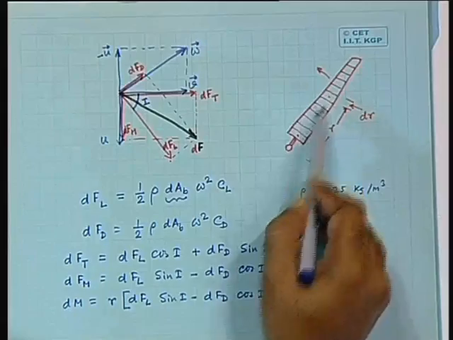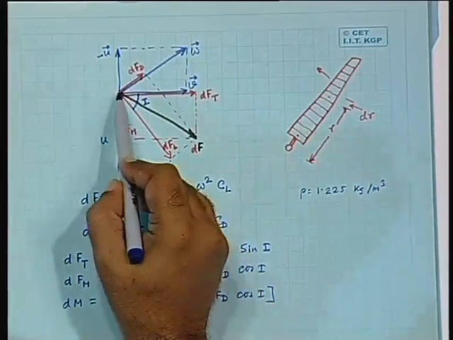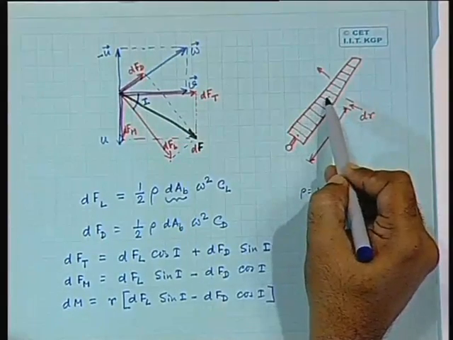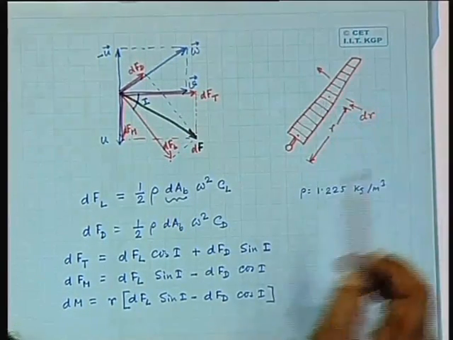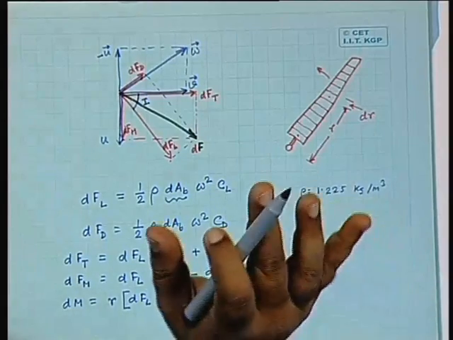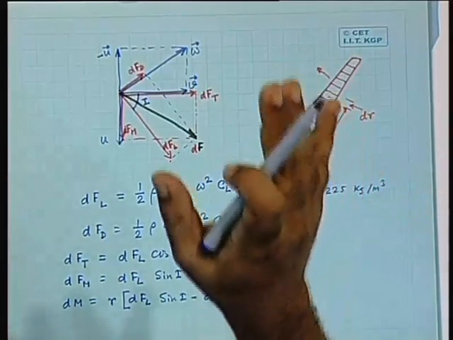Area we can measure. W square is obtained from these two. U is obtained depending on the distance. And CL, CD, these things are obtained from the airfoil characteristics that are available.